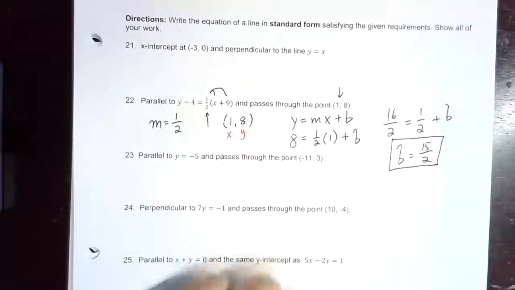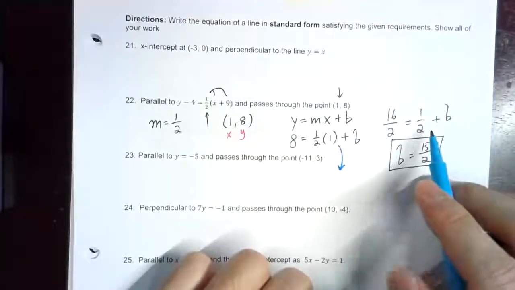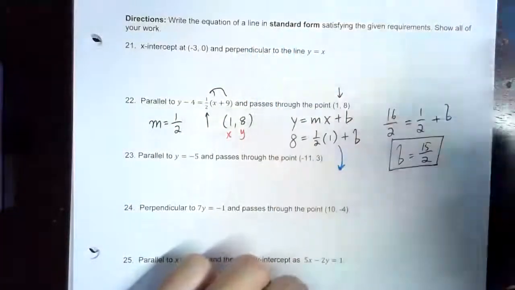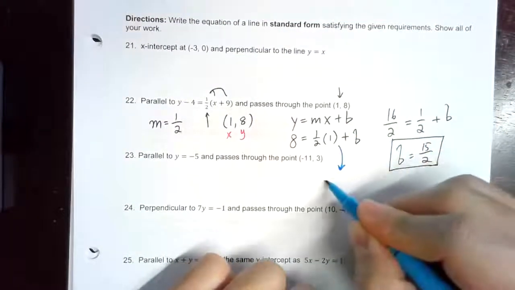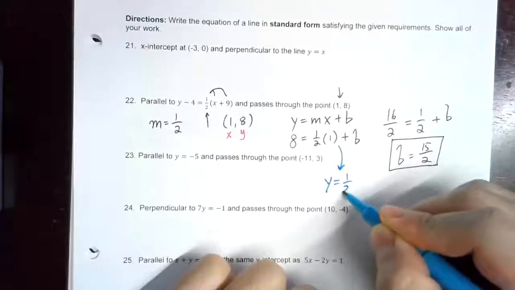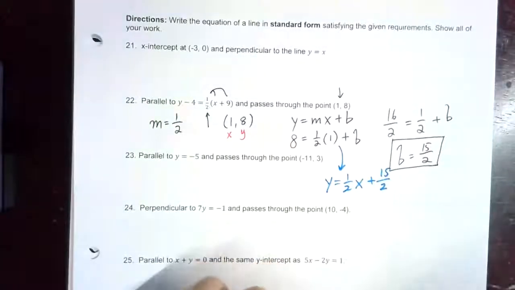Once I calculate b, I have enough information to write the equation of the line in slope-intercept or standard form. I'll write it in slope-intercept first, then convert to standard form, so this is not the final answer this time. I have to keep going.